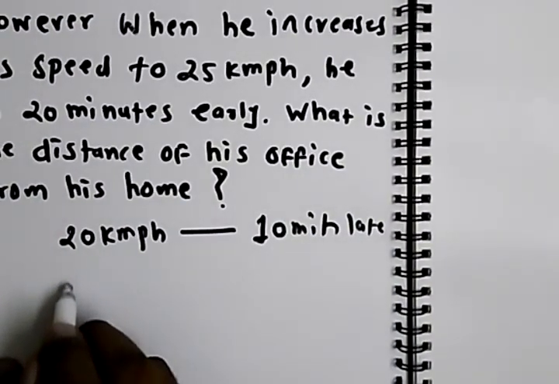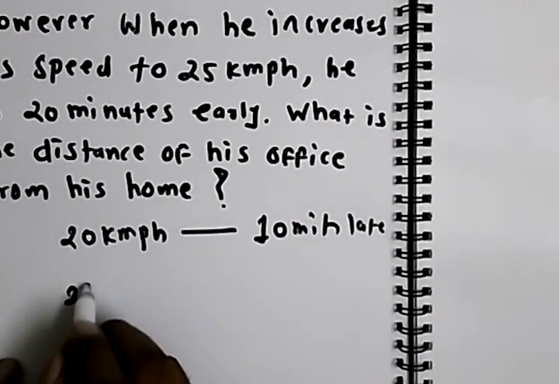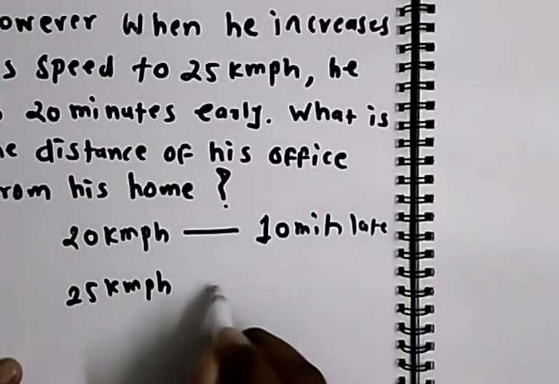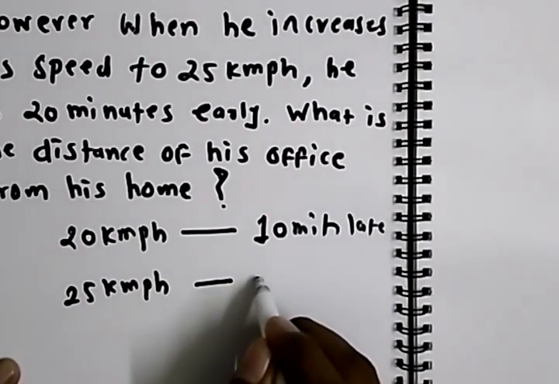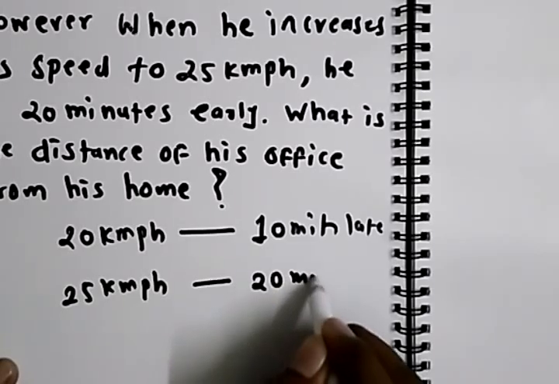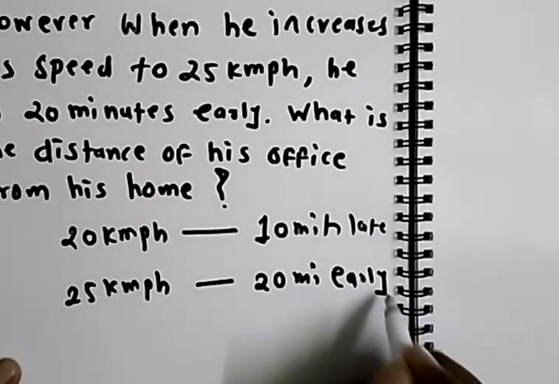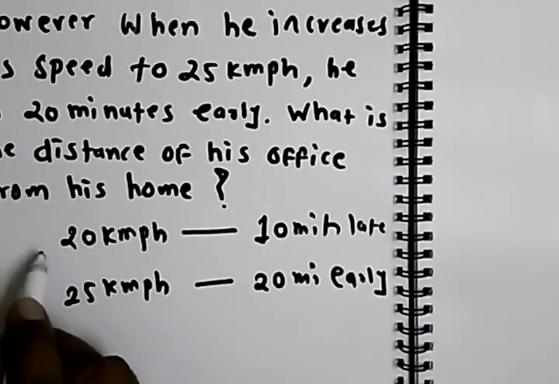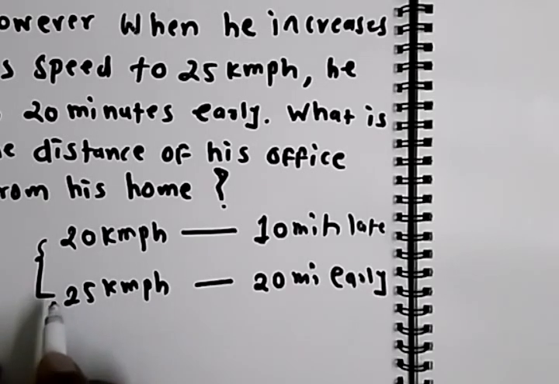Now he is increasing his speed to 25 km per hour. He is 20 minutes early. So if you see here, the speed is getting increased by 5 km per hour.